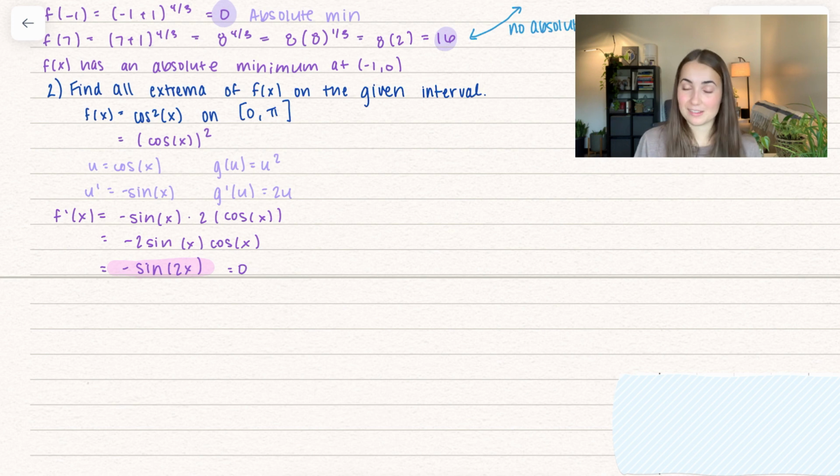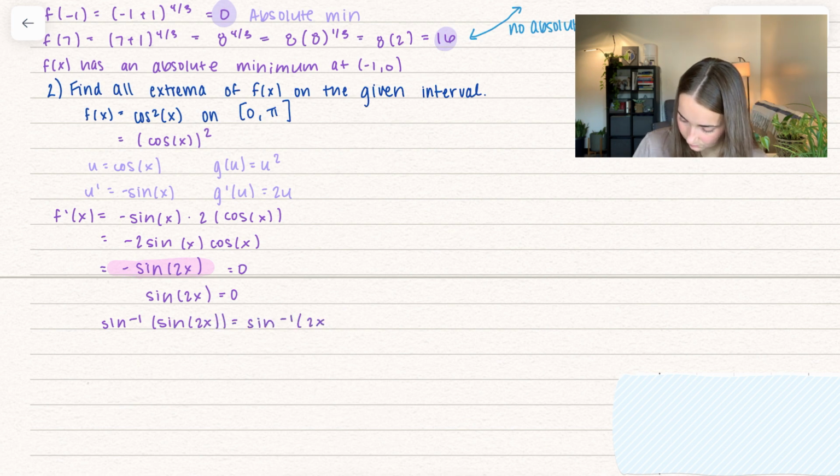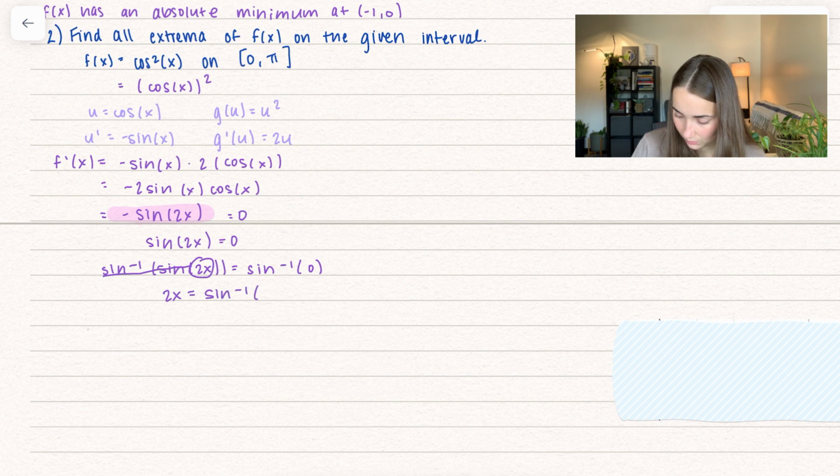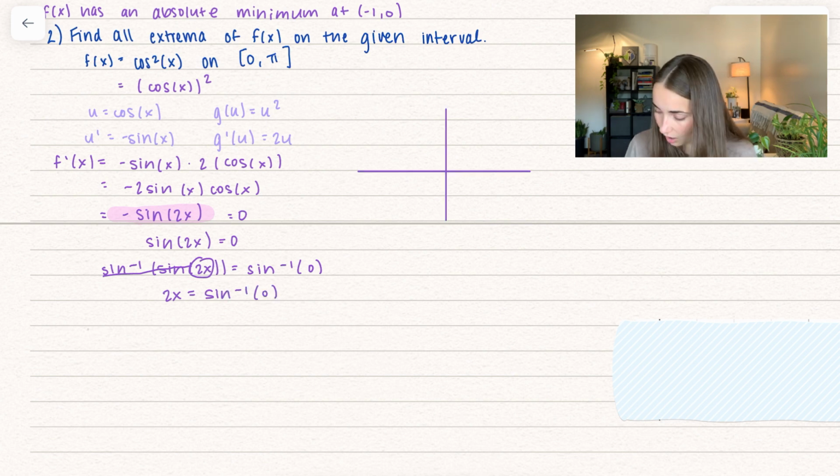So I can divide both sides by negative 1. And now I can take inverse sine of both sides. The purpose of doing this is the inverse sine with the sine kind of cancels out and you're just left with the inside. So I get 2x is equal to the angle when sine is equal to 0. On the interval 0 to pi, so pi being right here, this is going to be pi over 2.